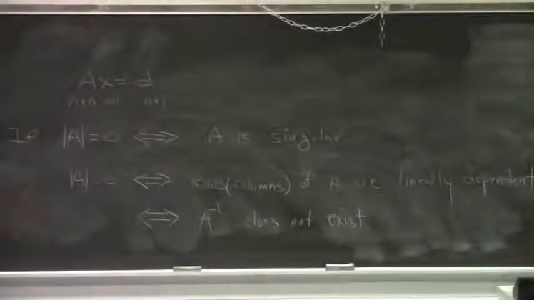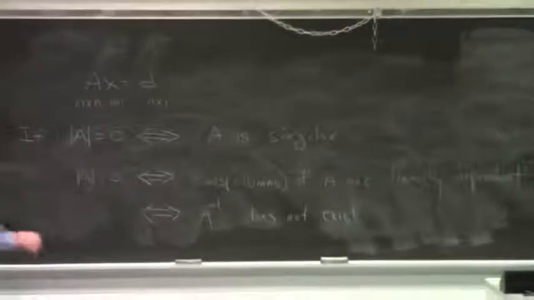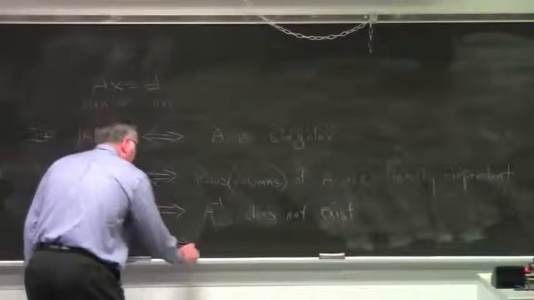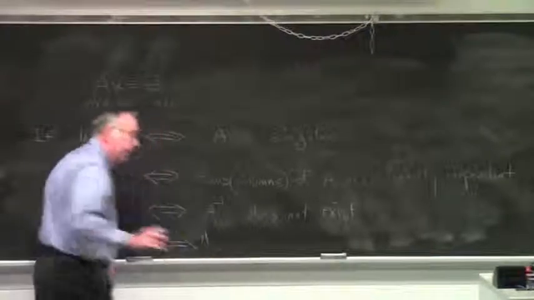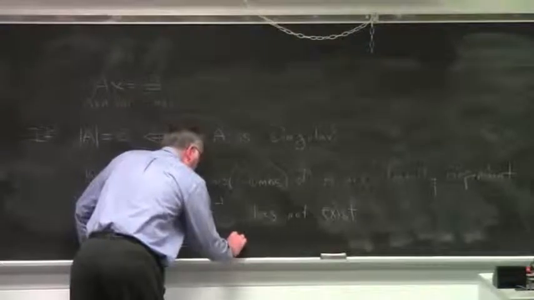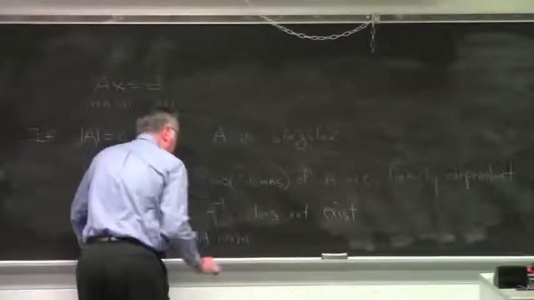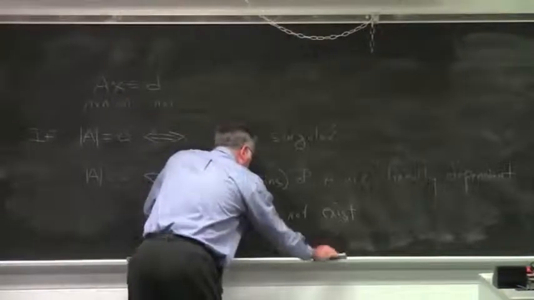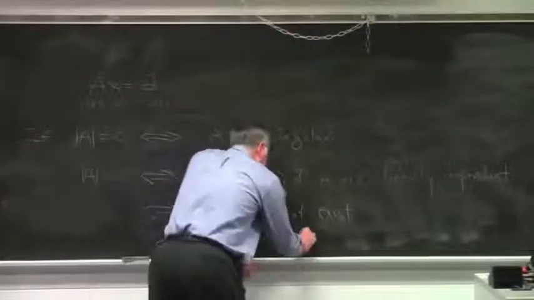I'm running out of Blackboard, but one final statement you can make is, what about a solution to AX equals D? It does not exist. So this also implies that a unique solution to AX equals D does not exist.